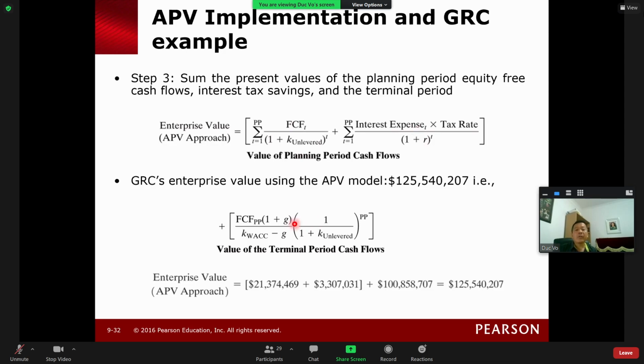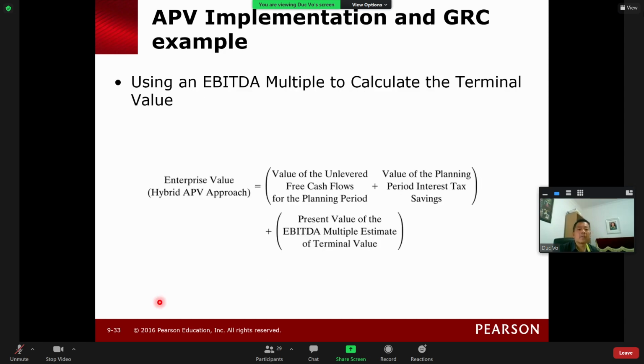And you use the Gordon growth model to work out the value for the terminal period. And then you add up all the three figures here. It provides you with the enterprise value using the APV, or adjusted present value.